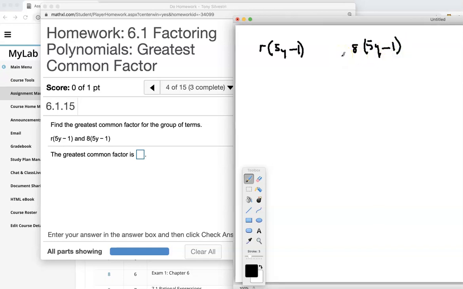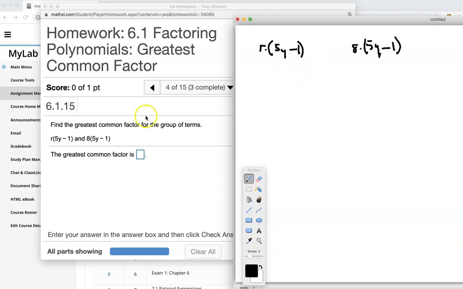Okay. You do everything I say exactly in this problem as I did in the other problems. You look at all your factors. This is a factor, this is a factor, but the parentheses are taken as one big unit in itself. Don't go inside the parentheses and pull out the 5y or pull out the 1. It's one unit in itself.